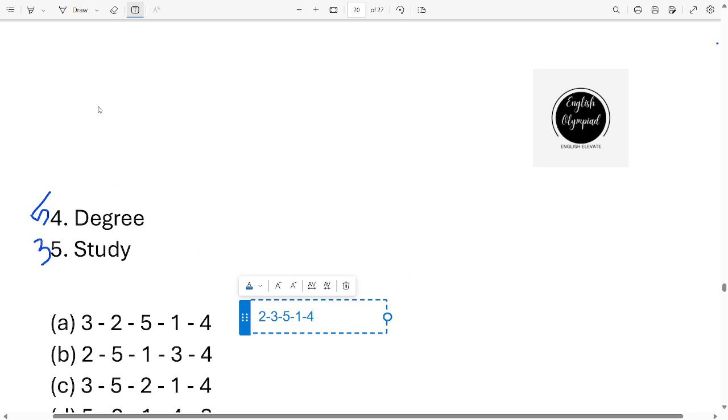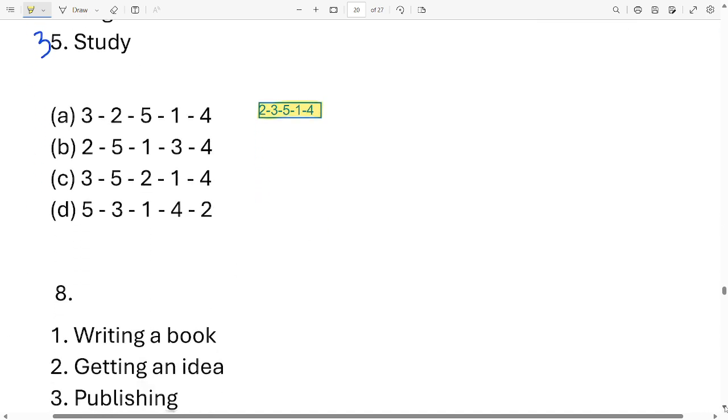Okay, this is the correct option. Actually, the option is not given away, so I've written it separately.